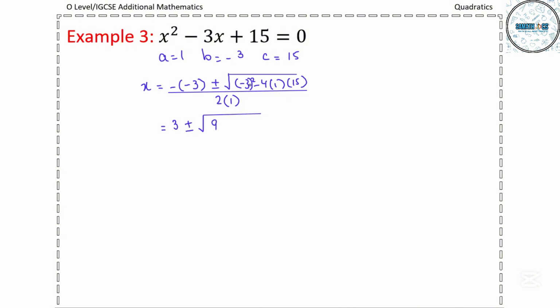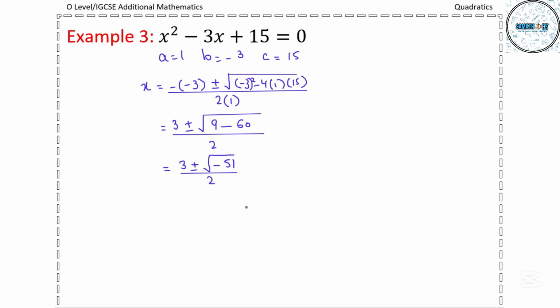9 minus 4 into 15, which is 60, divided by 2. Then we have 3 plus minus under root minus 51 upon 2.